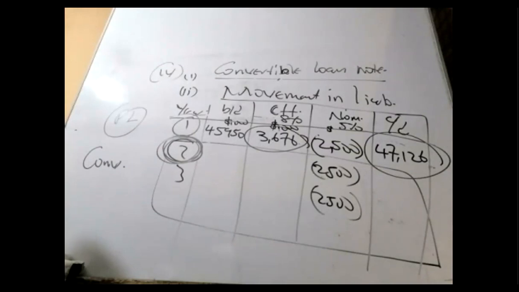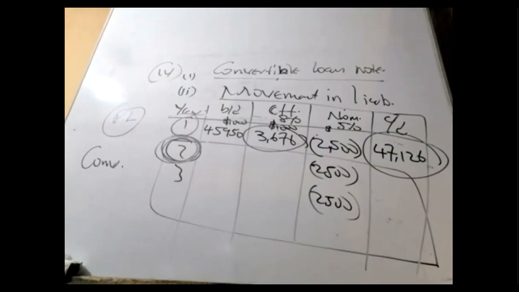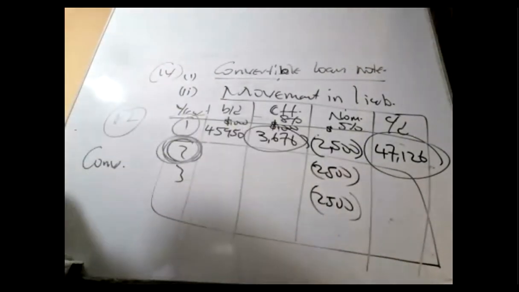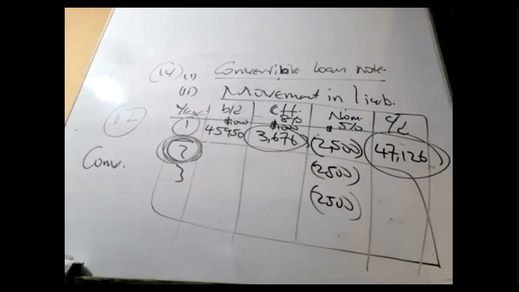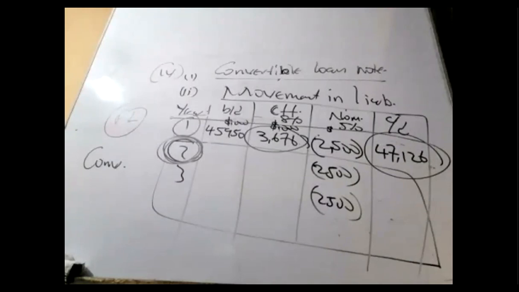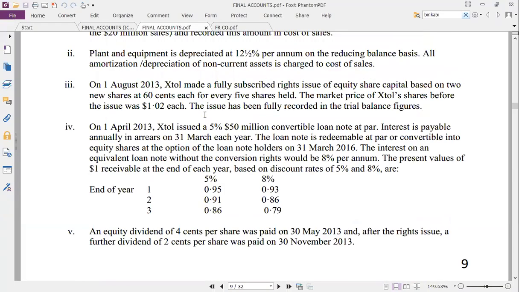They are done. Now you check whether they've actually paid this interest. You will see it in the question. Let's go to the question, the trial balance, to see if they've actually paid the interest of 2,500.